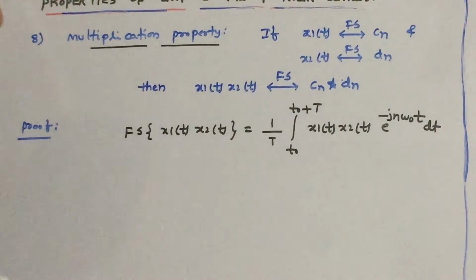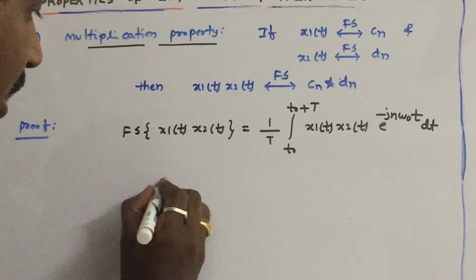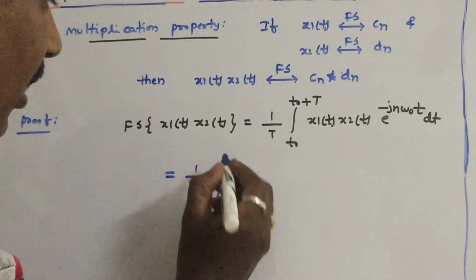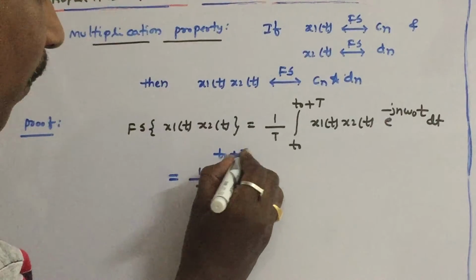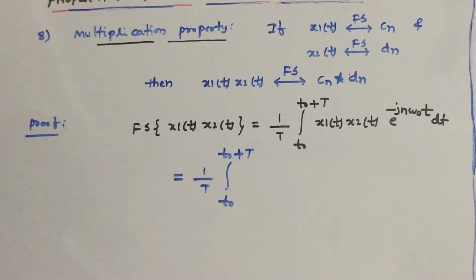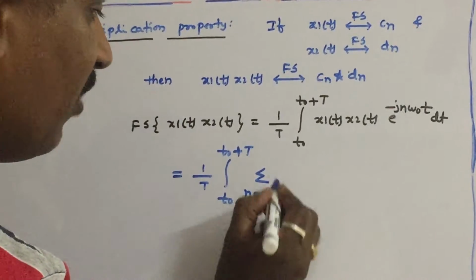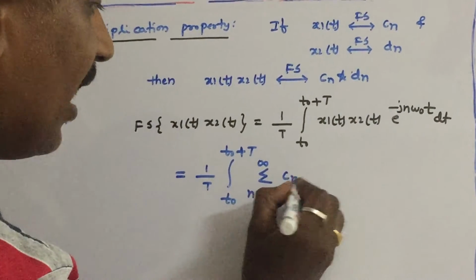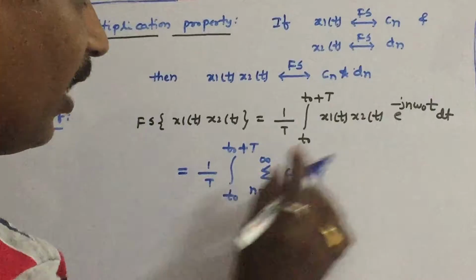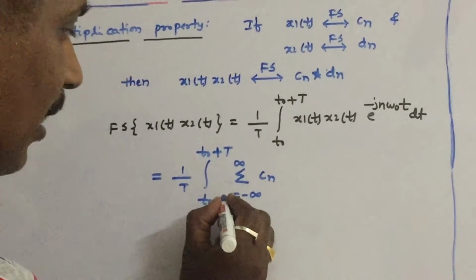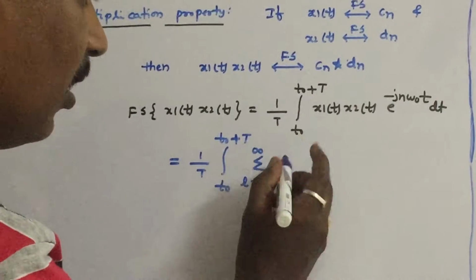So let us write the exponential Fourier series of x1 of t in this equation. So therefore 1 by T, integral t0 to t0 plus T. What is x1 of t? It is written as summation n is equal to minus infinity to infinity Cn, or so already we have used n here, so replace this by L or M, you take any variable.